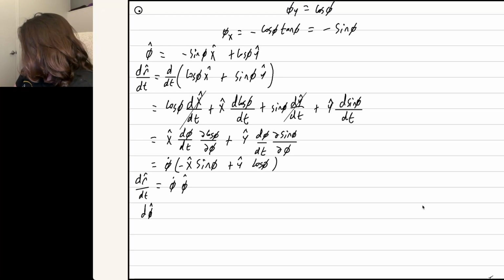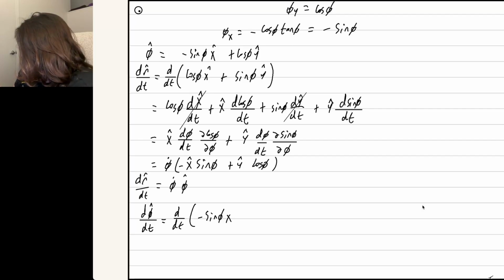And then if we wanted to do d phi hat dt, it's much the same process. So the time derivative of minus sine phi x hat plus cosine phi y hat.